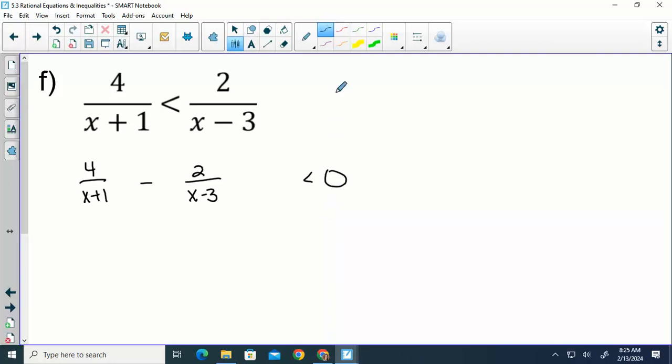What do we have to do? So the first one needs x minus 3 on top and bottom. And the second one needs x plus 1 on top and bottom. And I'm not going to multiply out the bottom, I'm going to leave it factored.